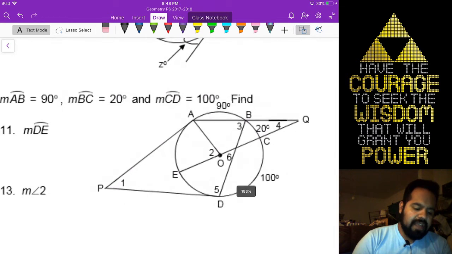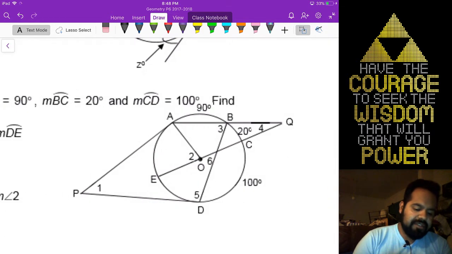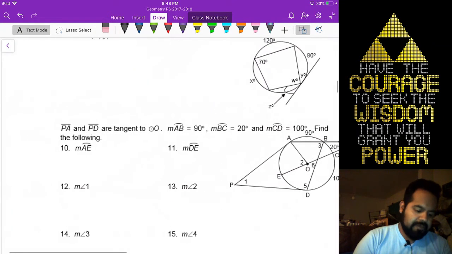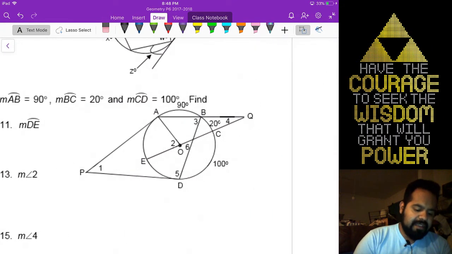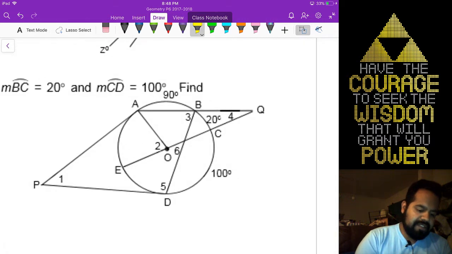Okay, so everything that I've given you in the directions should already be in the drawing. So the measure of AE, which is this measure here, comes from the fact that, you're welcome, this entire thing forms a half circle.